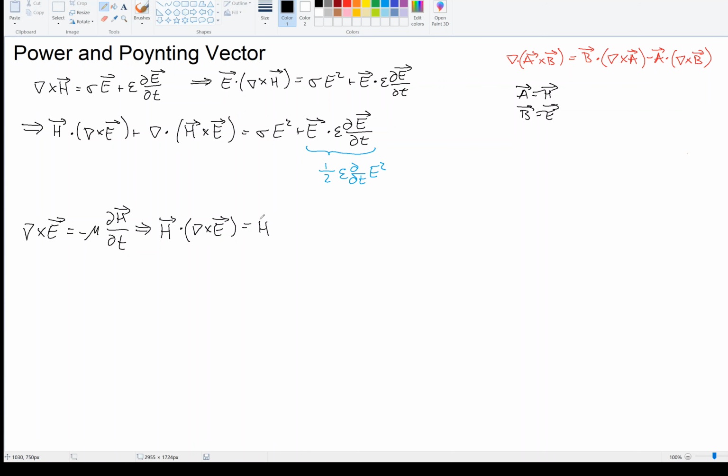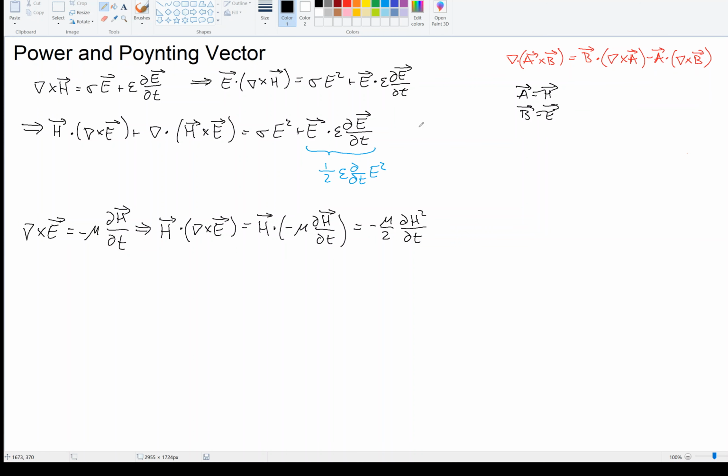So I would have something like this. Okay, and for the same reason that we said about the chain rule, this is actually mu over 2 times the derivative of H squared versus t.